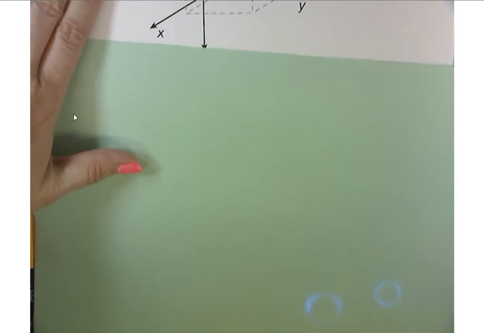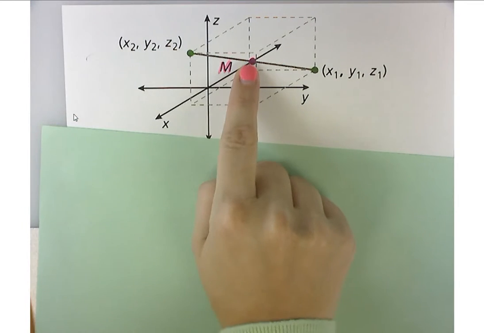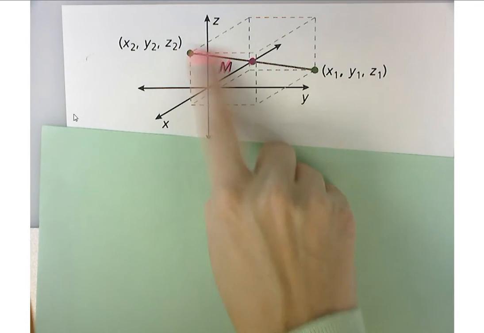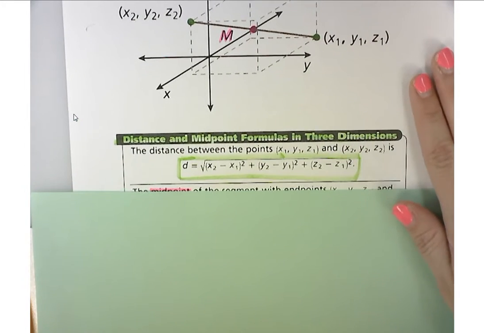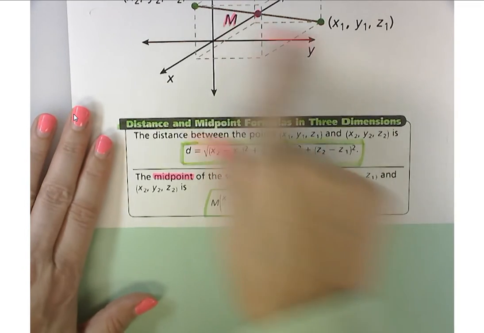So first, let's just look at the picture for a second. You have your M here, your midpoint. Your midpoint is going to be the point that's halfway in between. And then the distance formula is going to be to find the length of that segment.